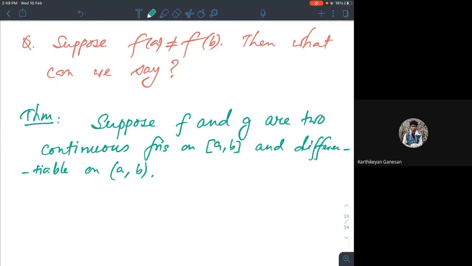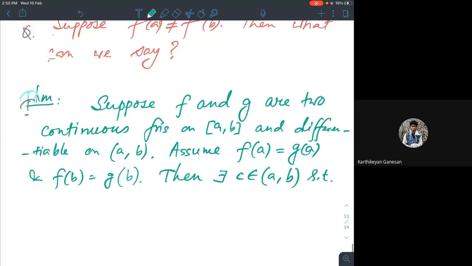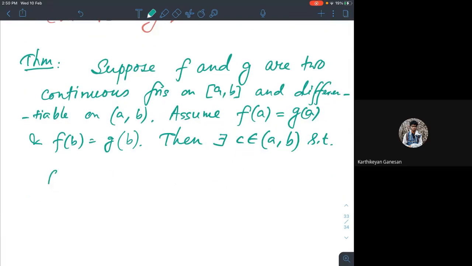All right. So now assume F(A) equal to G(A) and F(B) equal to G(B). Then there exists a point C in (A, B) such that F prime C is equal to G prime C.